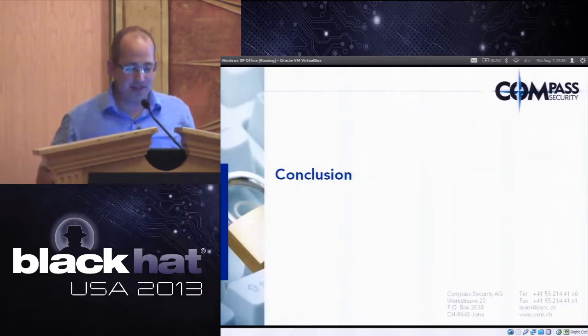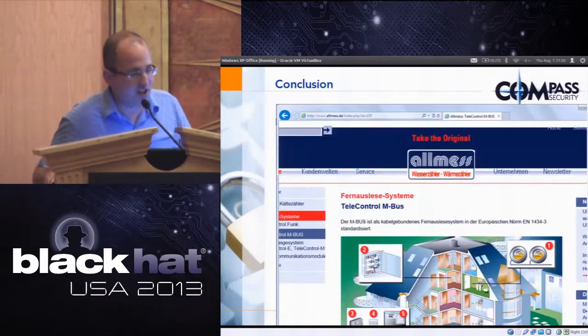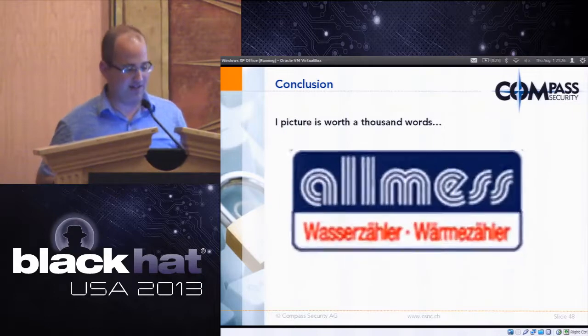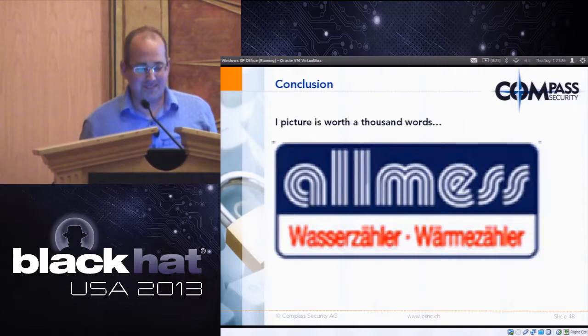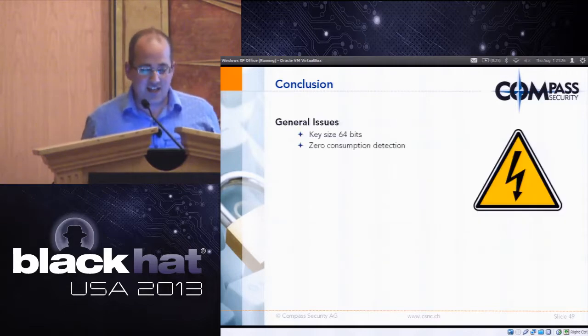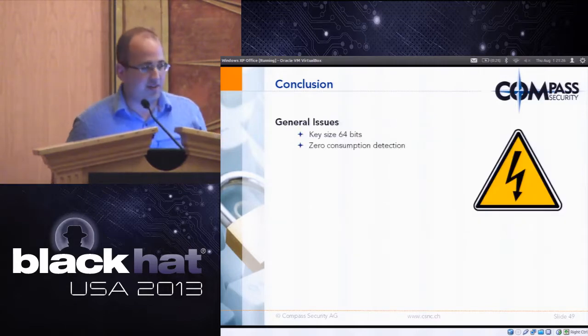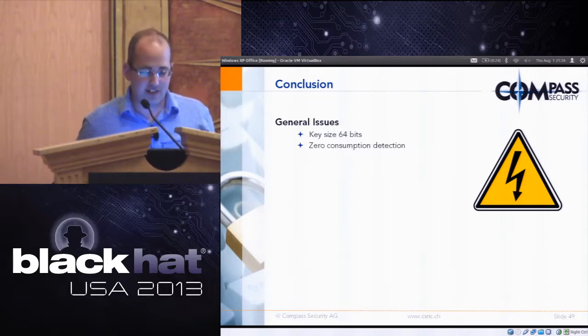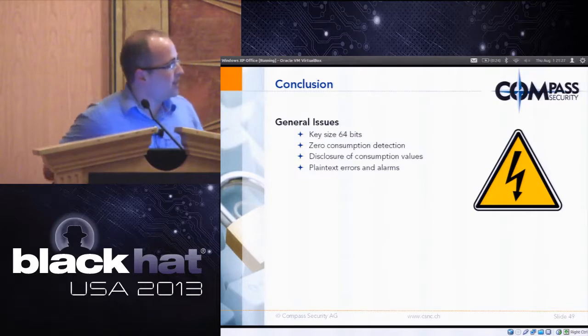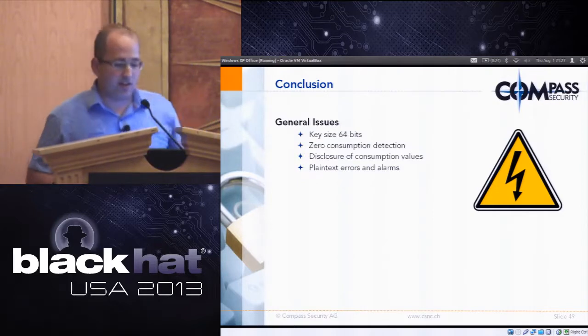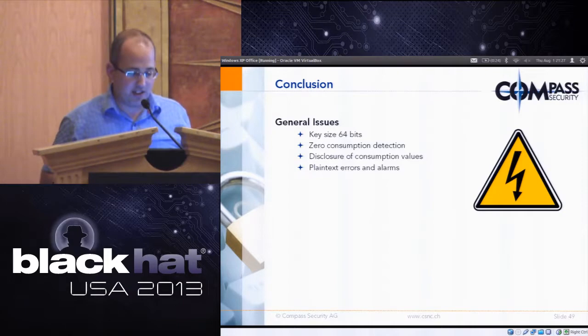Okay, to sum it up, actually there's a company in Germany which is specializing in installations of wireless and wired M-Bus, and its company name brings it pretty much to the point. So we have key size, which is 64 bits, because they say only 8 bytes must be different. We have zero consumption detection, disclosure of consumption values. We have basically information on alerts, on tampering triggers which were triggered.